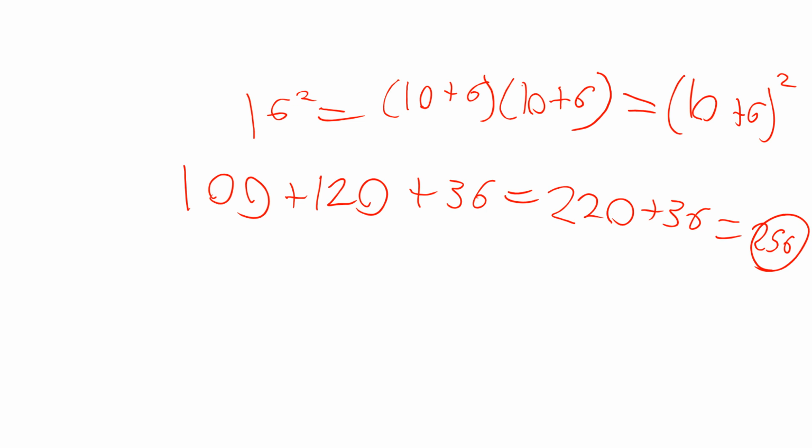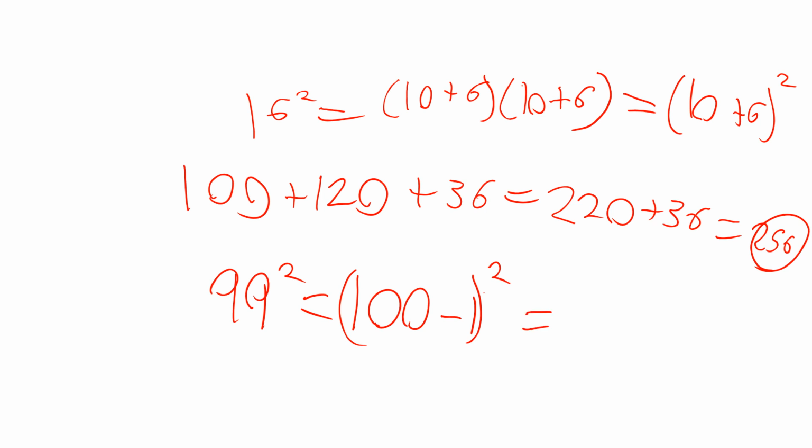Let's say we have 99 squared. That's just 100 minus 1 squared. 100 squared is 10,000. The product of the terms, 100 multiplied by 2, which is 200, and it's negative, so that's 10,000 minus 200, and then negative 1 squared is 1.